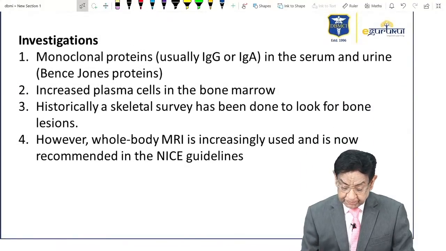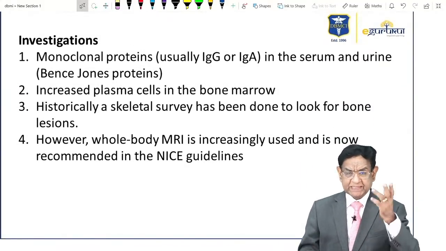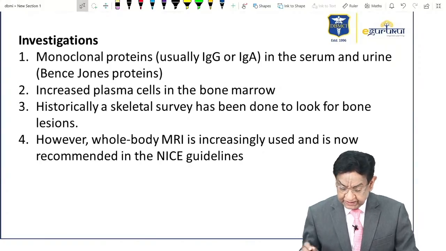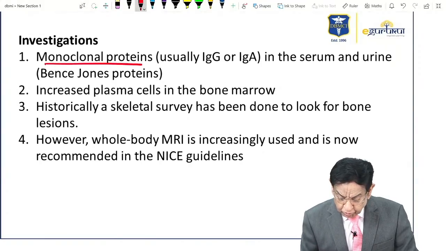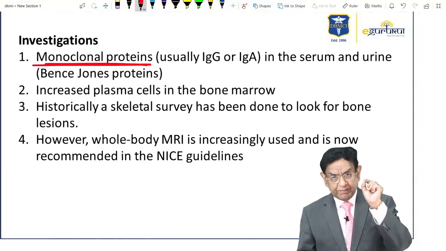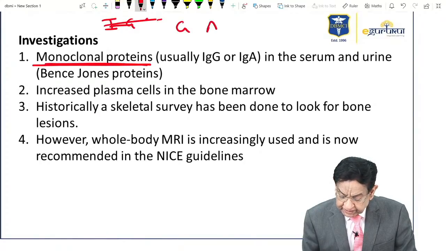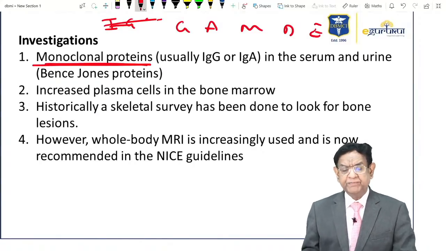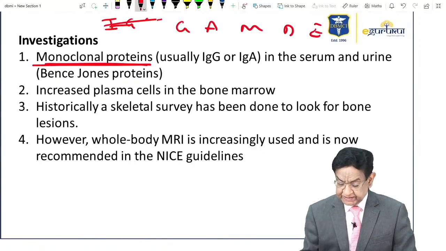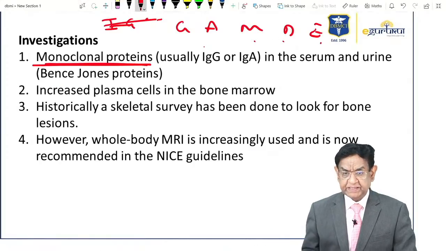Now one more thing: plasma cells, as I told you, are producing monoclonal proteins. What do you mean by monoclonal protein? We know very well that we have IgG. What types of immunoglobulin are there? There are 5 types: IgG, IgA, IgM, IgD, IgE.